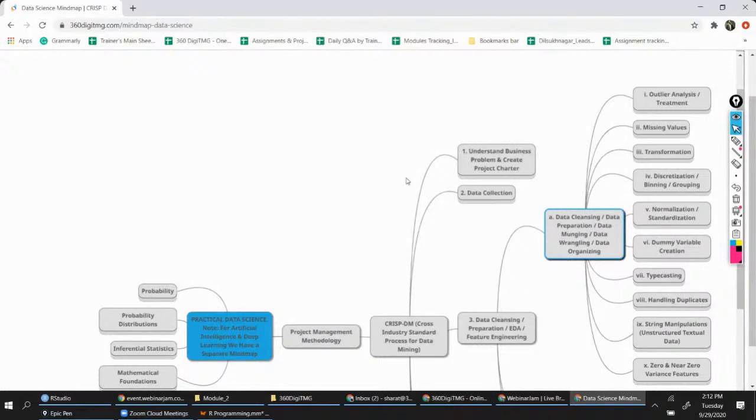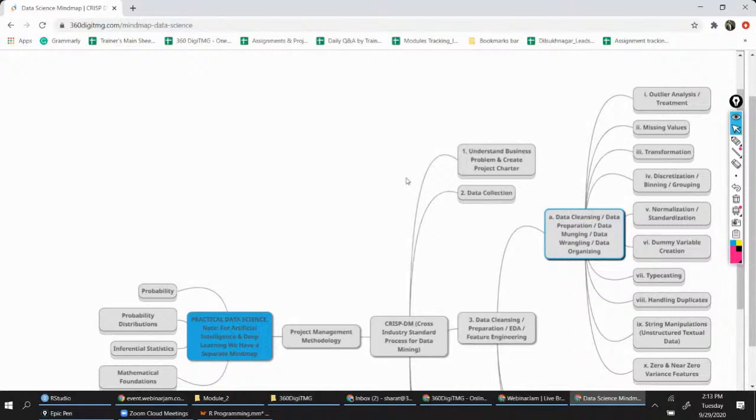Right? So here we have cleansing, we have outliers, we have missing values, then we have transformations. We discussed discretization, binning or grouping, that is histogram, right? Then we talked about normalization, min-max rule, and standardization, which is standard normal distribution. Then we have discussed dummy variable creation. So categorical data will be converted to numeric labels.